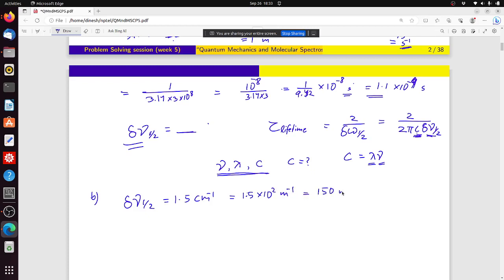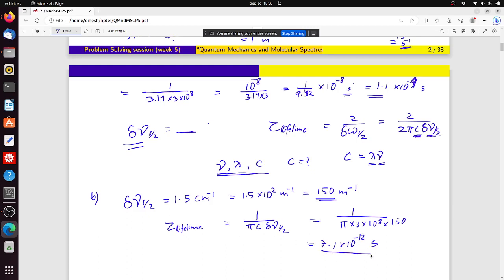This is 150 meter inverse. So you just have to put this in this formula, tau lifetime, 1 over 5c delta lambda half. Okay, so when you put all this, you will get a value 7.1 into 10 to the power minus 12 second.